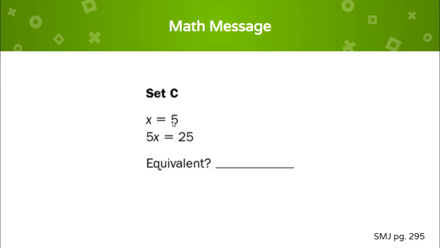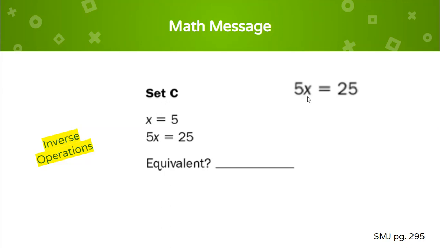x equals 5 and 5x equals 25. Are they the same? Well, we can find out if they're the same by solving for x. And so let's take a look here. We need to use inverse operations to find out what x equals here. Now, I know some of you in your brains, because your brains are good and fast, have already figured this out. But stick with me for one more minute, okay? We want to use the inverse of multiplying by 5, because that's what this means.